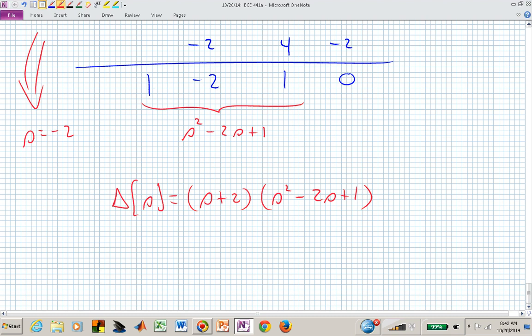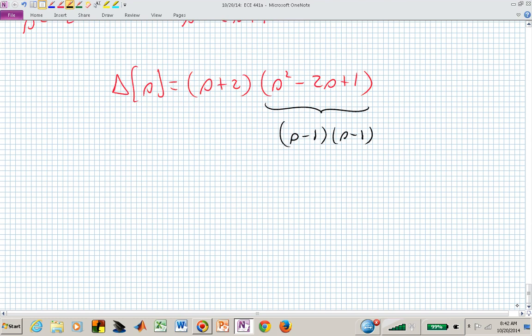And do you see how this quadratic factors? And now we have all 3 roots of that cubic. We can see that we had a root of minus 2, a root of plus 1, and a root of plus 1.